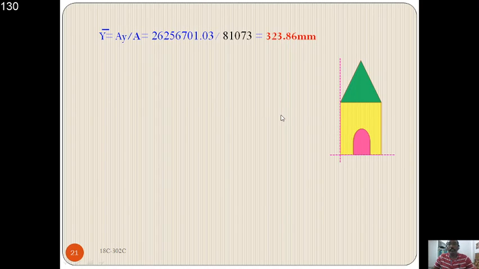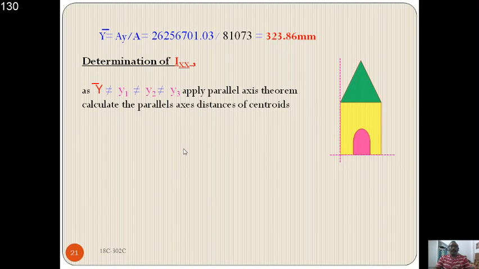Now, for the determination of Ixx, we have to check whether the parallel axis theorem is required or not. For that, use the y values y1, y2, y3 and check with the y bar whether it is useful or not.